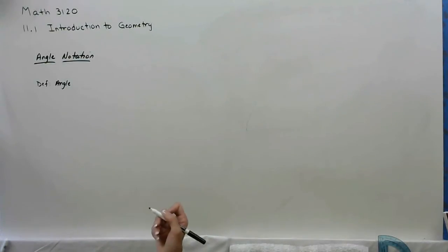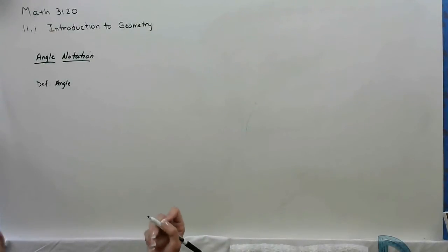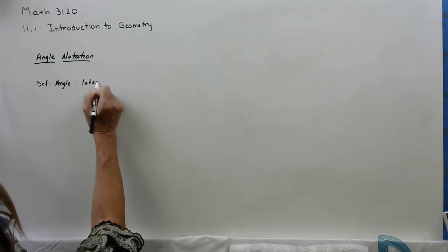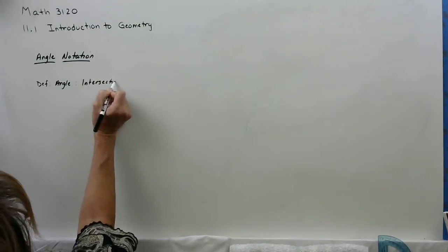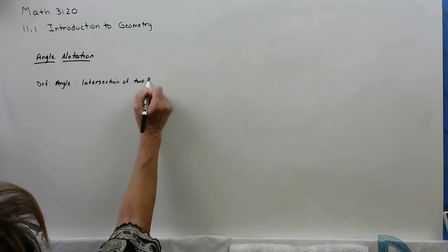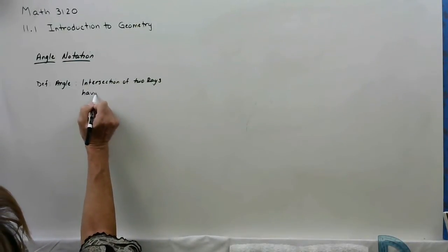By definition, it's the intersection of two rays sharing the same endpoint. So it's the intersection of two rays having the same endpoint.